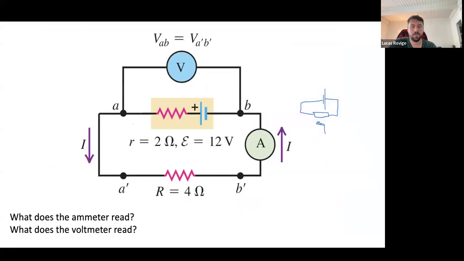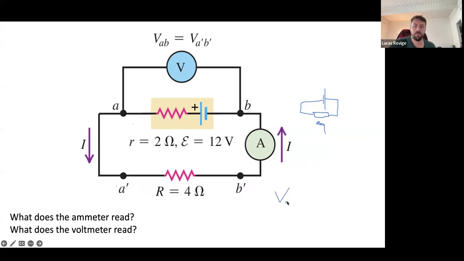First, if we look at the potential between A prime and B prime, this is straightforward because we have the current and we have just a resistor.